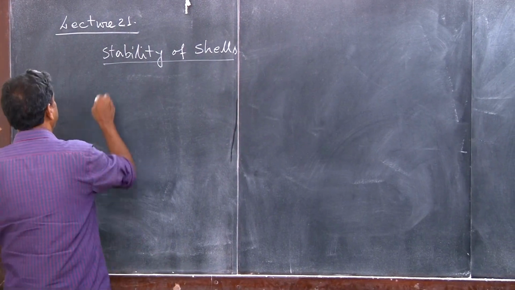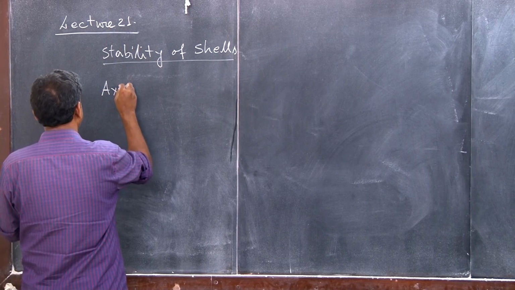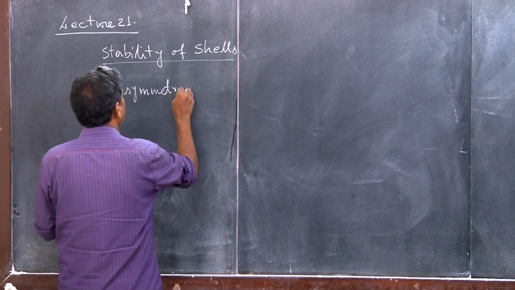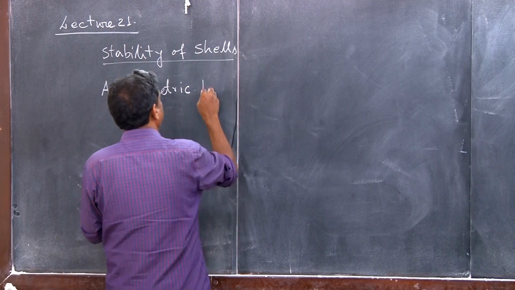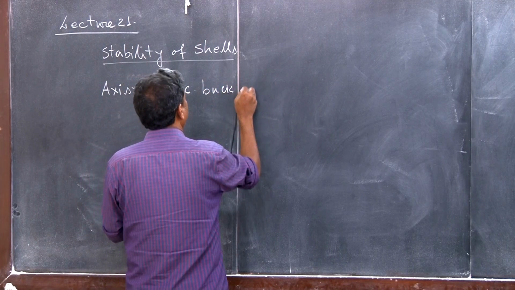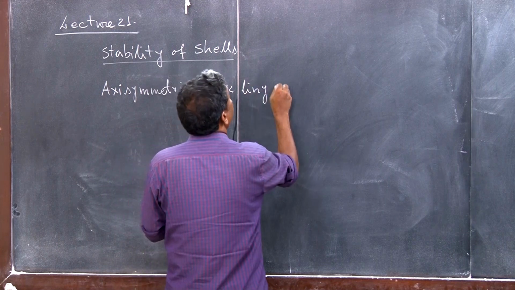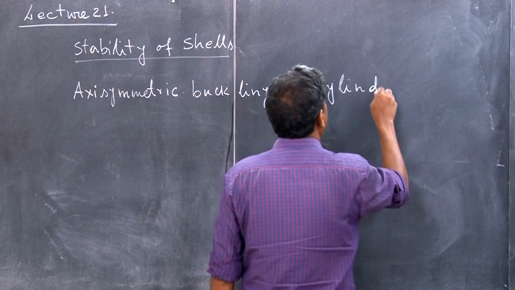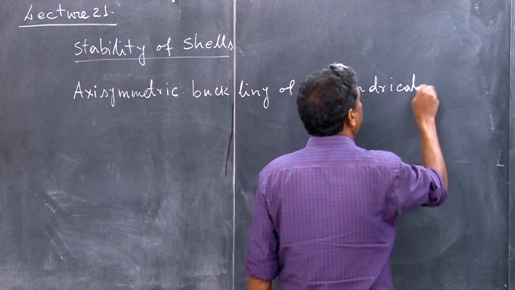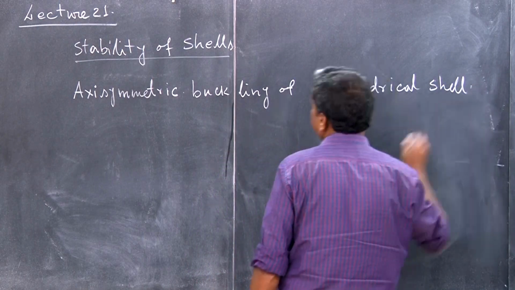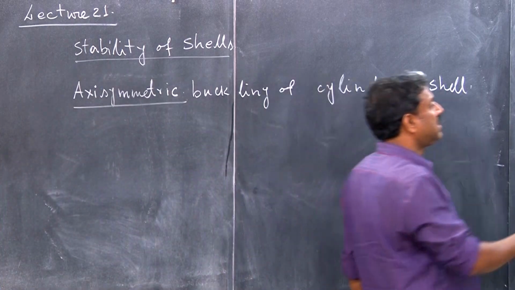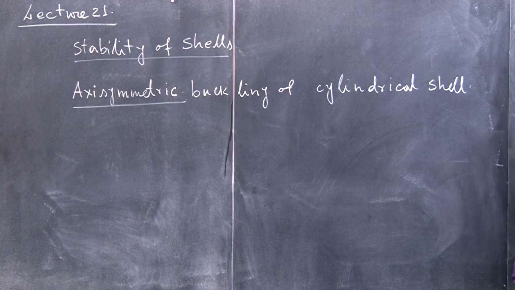So, first, let us discuss axisymmetric buckling of a cylindrical shell. We are going to consider a cylindrical shell geometry here.